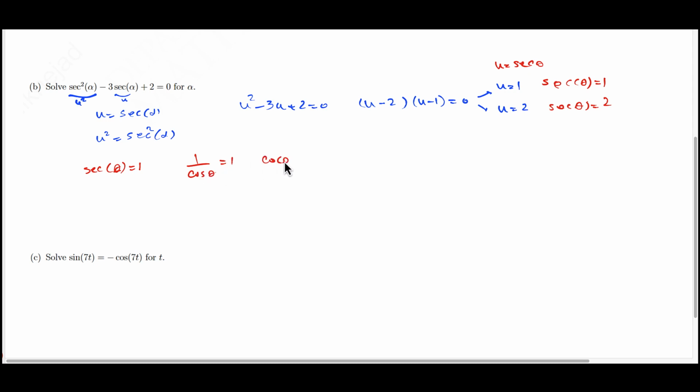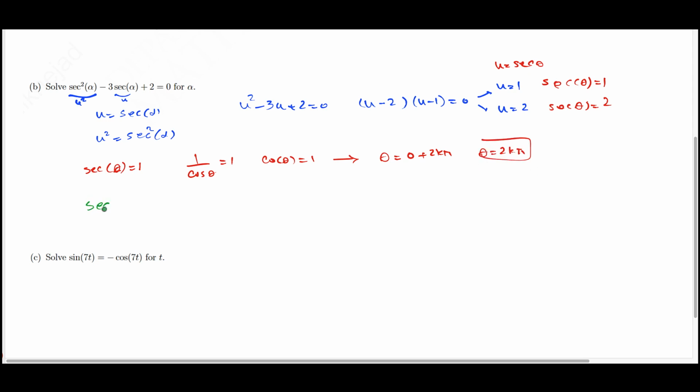That is, cosine theta is equal to 1. The only time cosine theta is equal to 1 in one period is theta equal to 0, plus 2k pi. So theta equal to 2k pi is one of the answers.